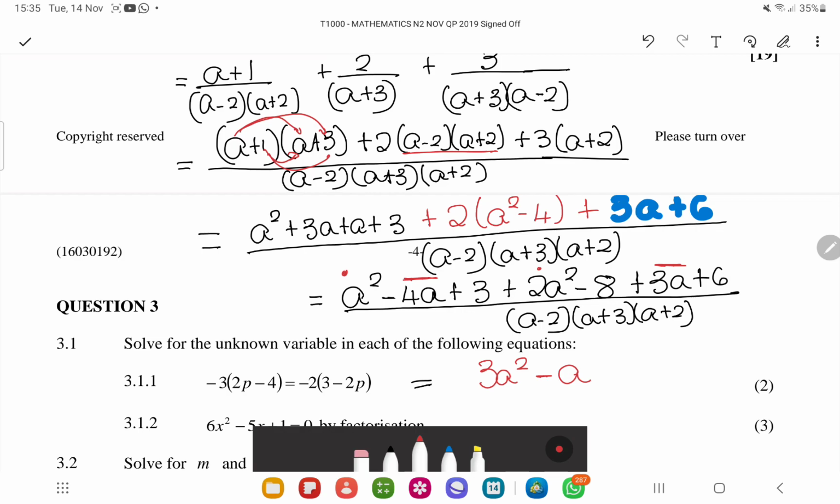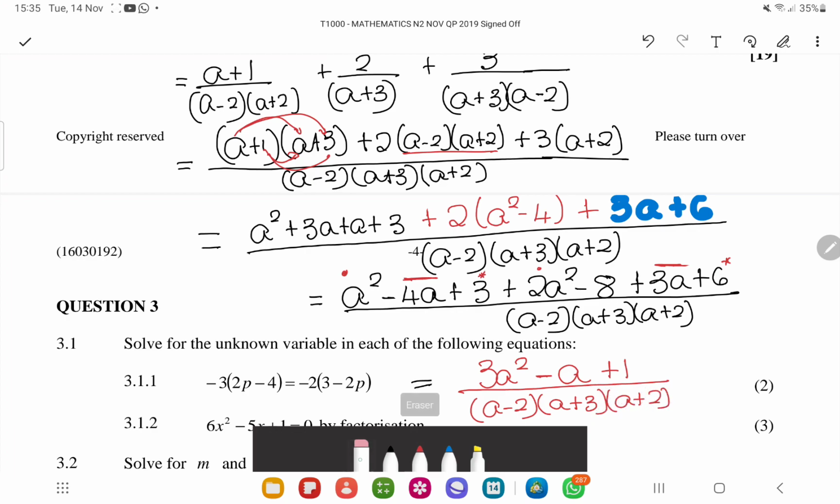Then the last one, we have this one and then that one, that is 9, and then minus 8, that is basically plus 1. Then we have divided by a minus 2, then a plus 3, then a plus 2.